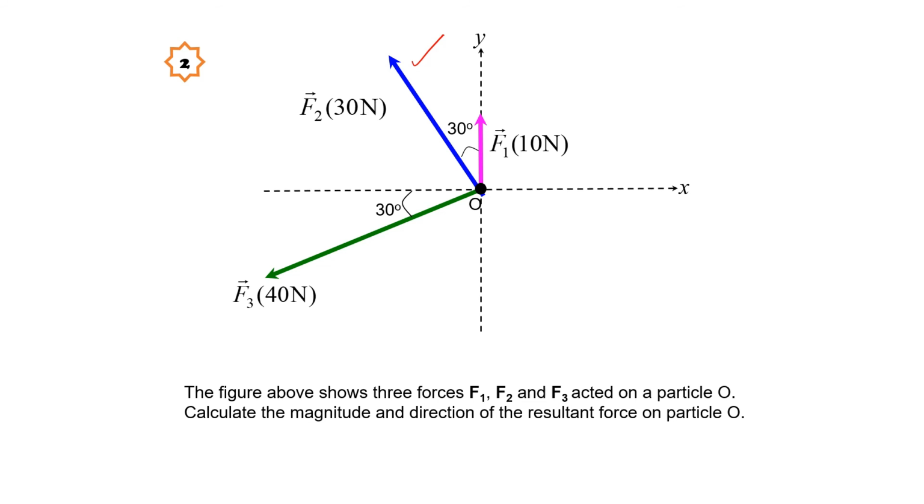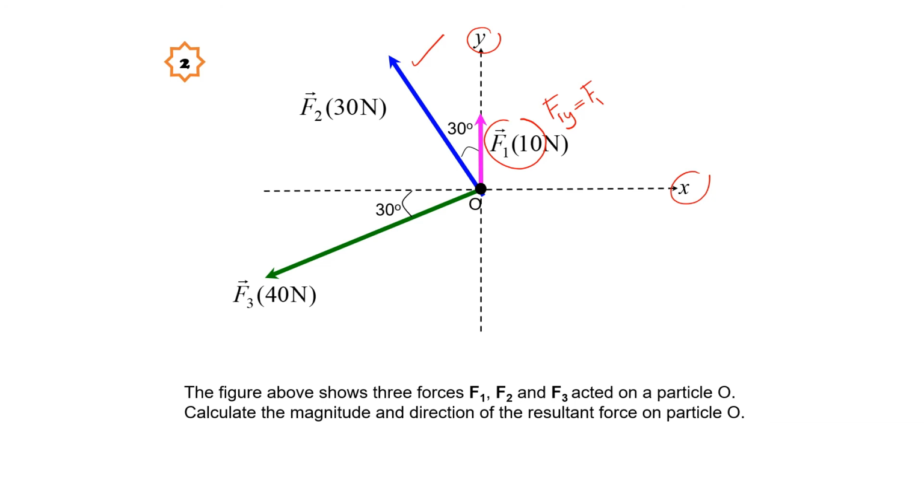Now we are resolving vector F2, so we need to draw the direction. In this case, F1 is lying exactly on the y-axis, so we have F1y is equal to F1. F1 we don't need to resolve, but F2 and F3 lie between the x and y axes, so we need to resolve F2 and F3.